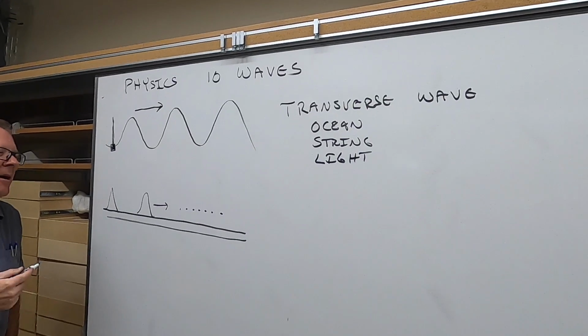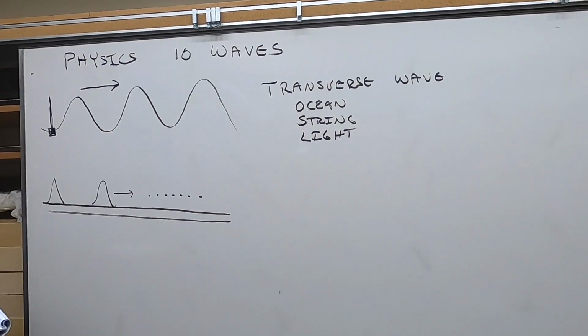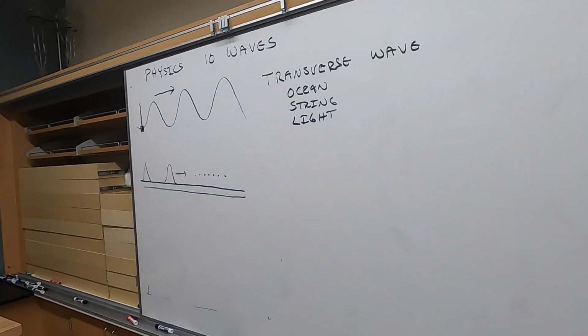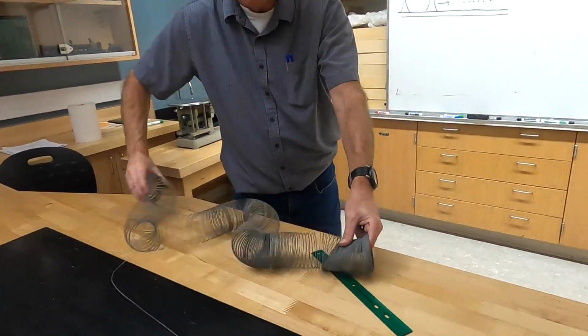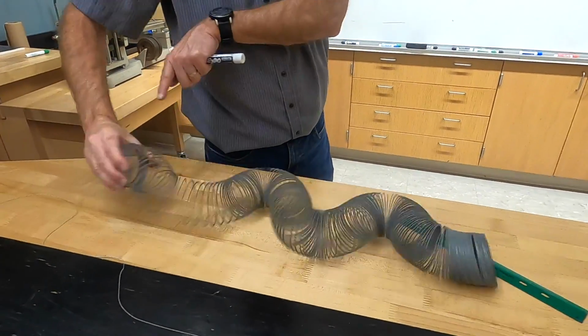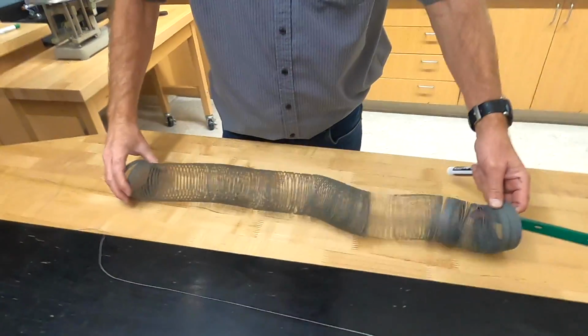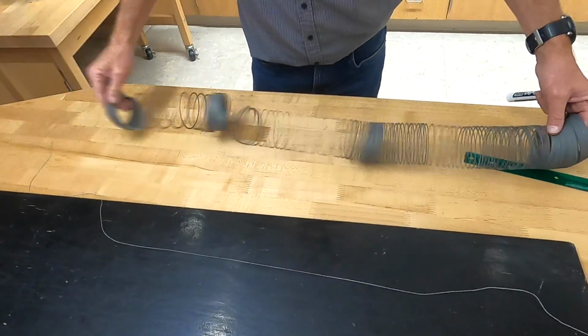Now, the opposite of a transverse wave would be called a longitudinal wave. If I look at this long slinky, you'll notice that's a transverse wave. I'm jiggling it this way, the wave is moving off in that direction. But there's another type of wave, and that is like this.